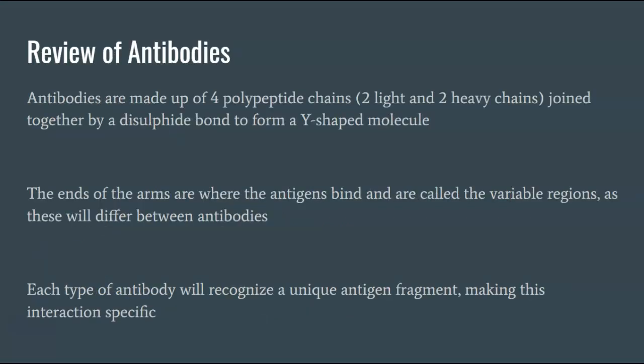So continuing on with antibodies, they're made up of 4 polypeptide chains, typically forming a Y-shaped molecule. The ends of the arms are what we really care about because they're typically very specific to the virus or bacteria, whatever it may be, that is infecting the body, because those can change depending on what the antibody is up against.